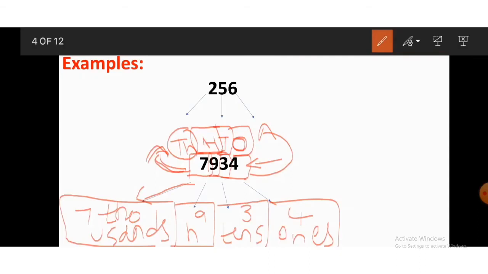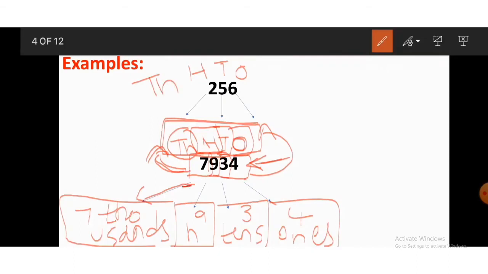Understood everybody? What we'll do, the first step will be to write the places above the number starting from the right side. First one will be ones, tens, hundreds and thousands.